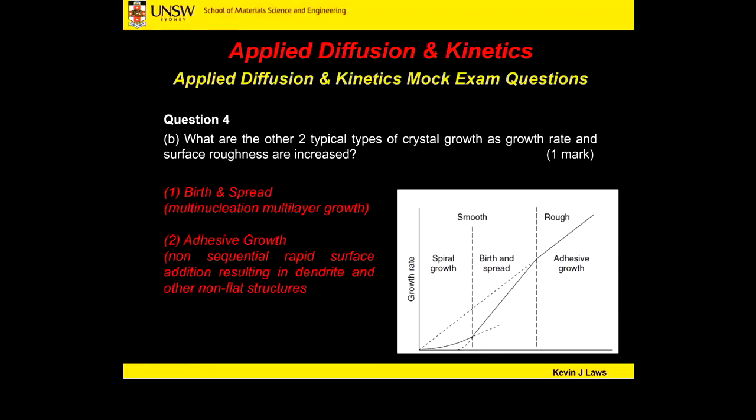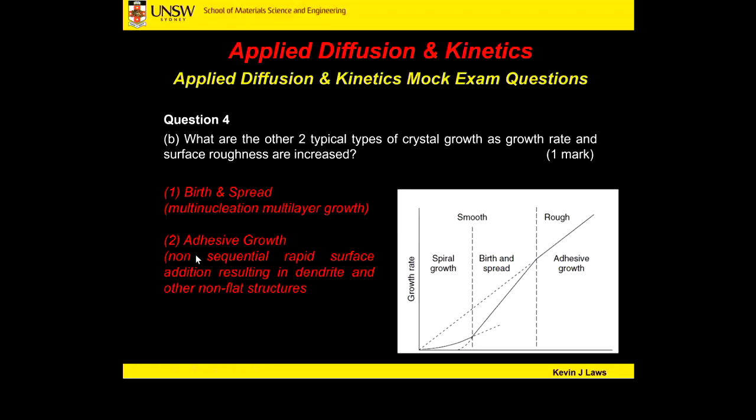All right. Question 4b. What are the other 2 typical types of crystal growth as growth rate and surface roughness are increased? Okay. We have birth and spread, where we have multinucleation and multi-layer growth occurring. Okay, so this is a faster growth rate. Okay, it's not our attach, move, minimize energy over a long period of time.